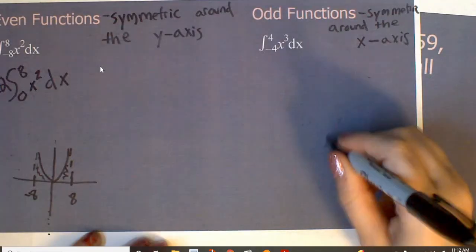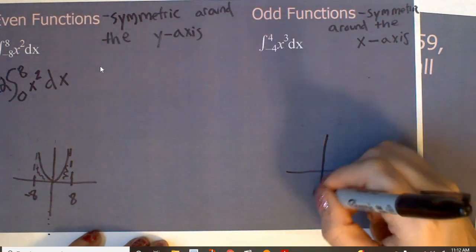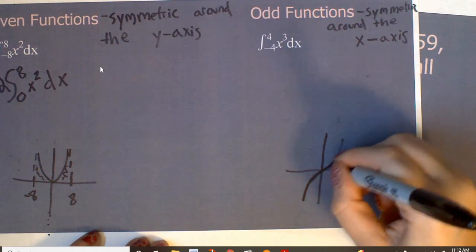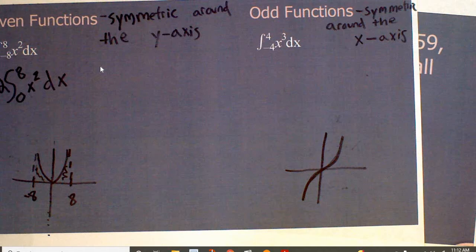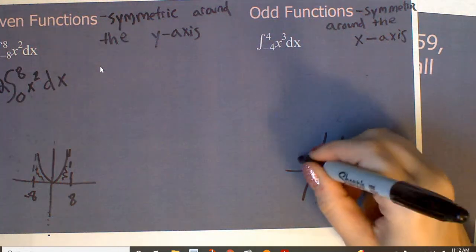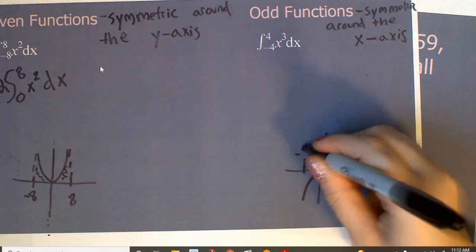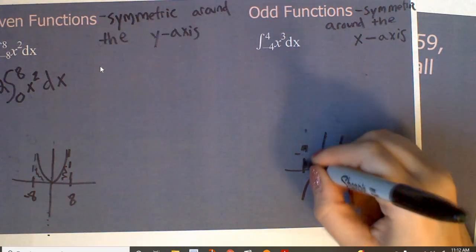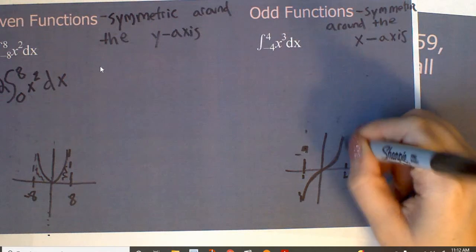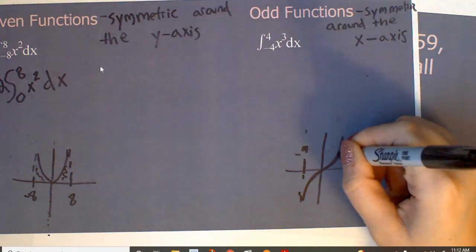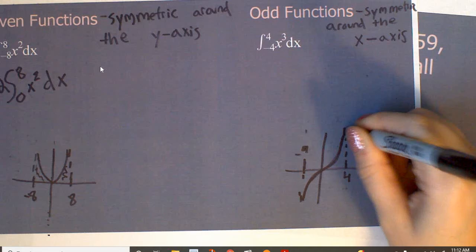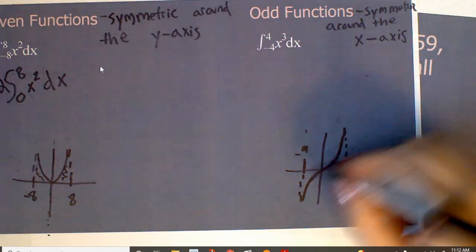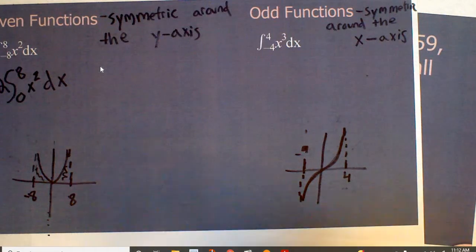Now, on the opposite end, if I have a cubic graph, remember that my graph is going to look kind of like my little S shape. And we're going from -4 to 4. So when we look at that graph, again, pretending that it was nice and symmetric, it's symmetric across my x-axis.